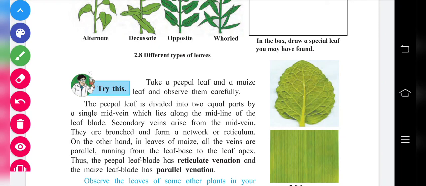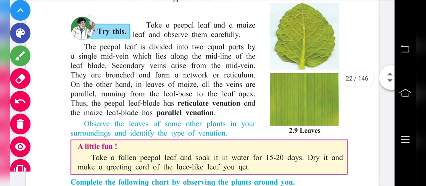Monocotyledonous means the seed has a single cotyledon, and dicot means two. That will be studied, and their differences will be studied for us. Yes, these are the revisions for us.